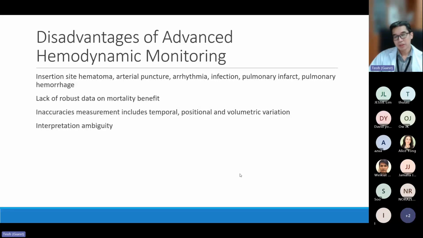And sometimes this advanced hemodynamic monitoring also gives you a headache, because you will see a lot of confusing data. It's not really tallying with what the clinical picture tells us. As such, you need to, I would say, have more experience using it and try to create a protocol for how you should deal with all these situations.